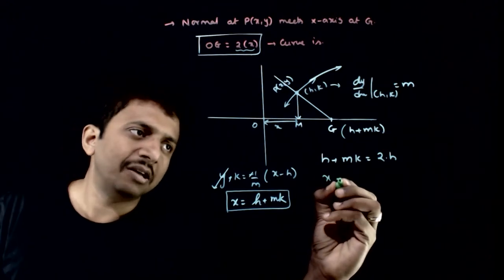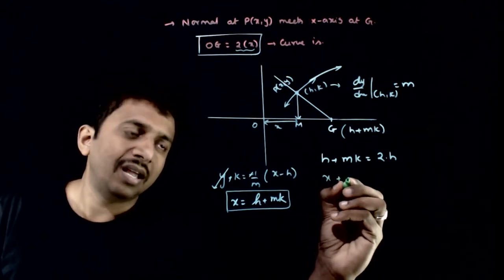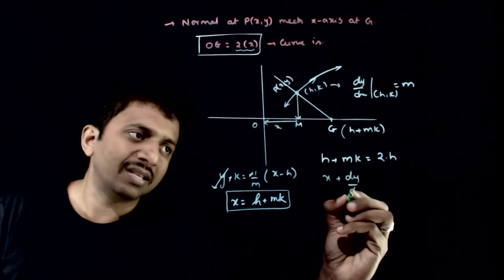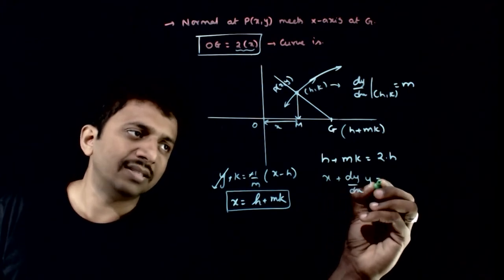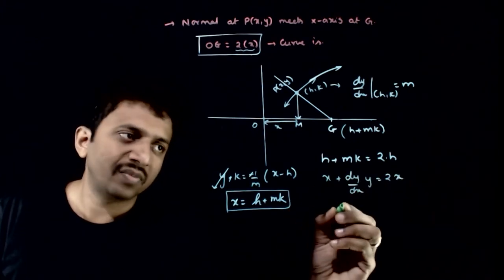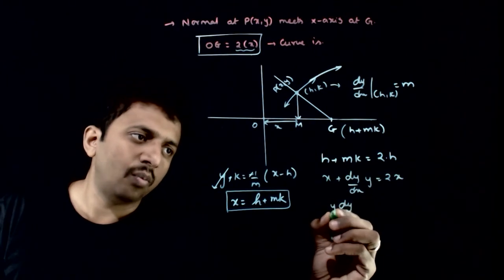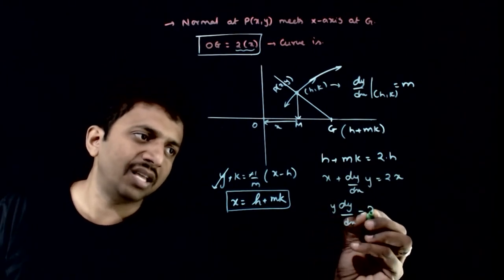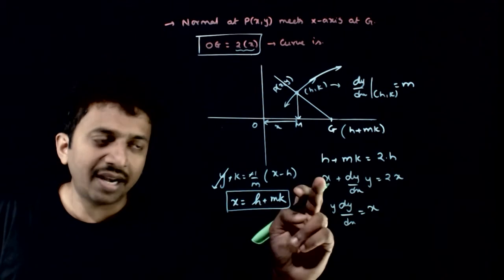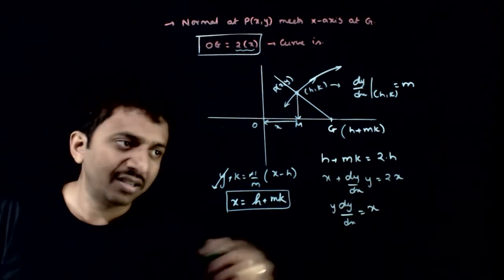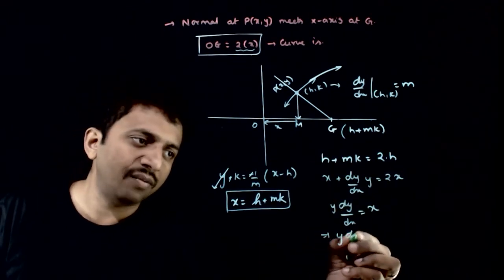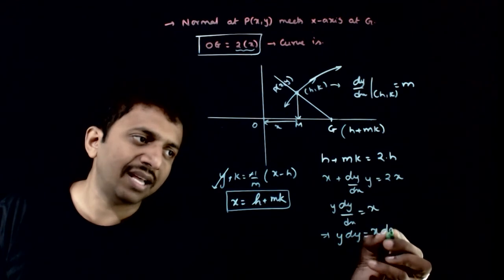So x plus m, which is dy by dx, times y is equal to 2x. So y times dy by dx is equal to x, since 2x minus x is x. This implies y dy is equal to x dx.